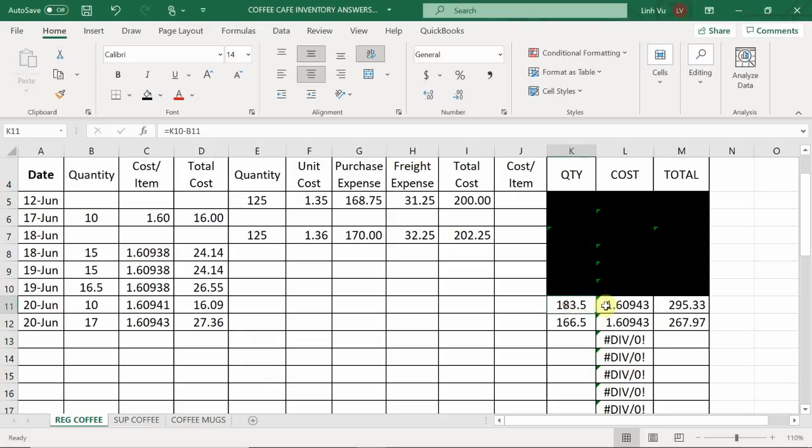Because I don't need this information to display anymore, I can just hide it. So we figured out how much we used: 17 pounds, which cost me a total of $27.36.